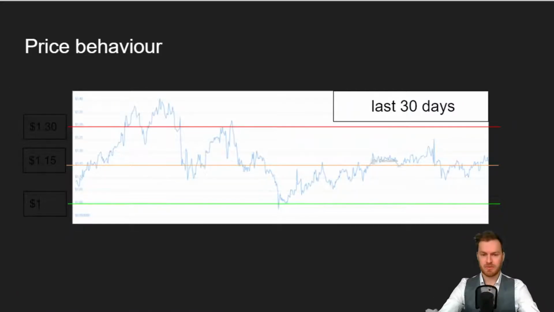So has this project actually been working? Well, it has. On the short term, we can definitely say this works, because whenever the price reaches, this is $1, this is $1.15, this is $1.30, whenever the price gets below $1, the bDollars will be converted to bonds and the price rises again.